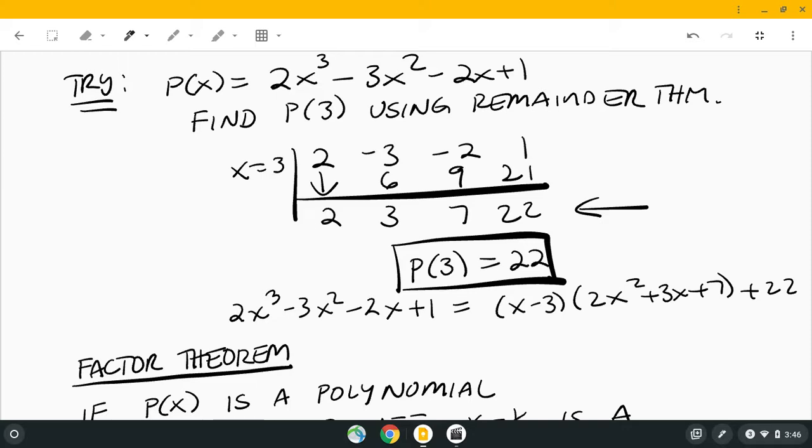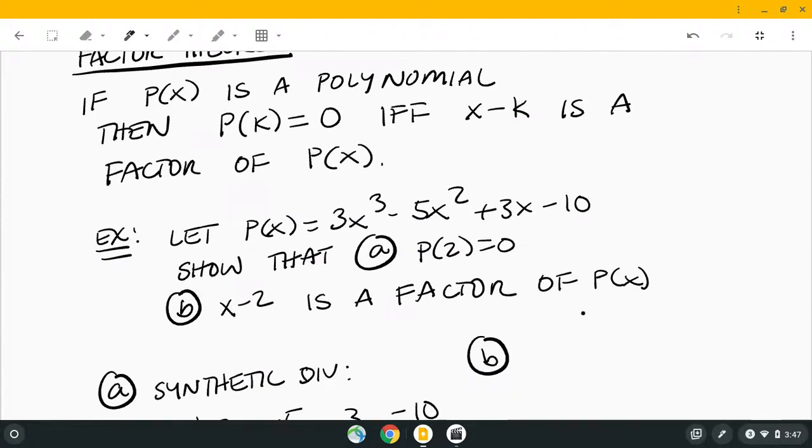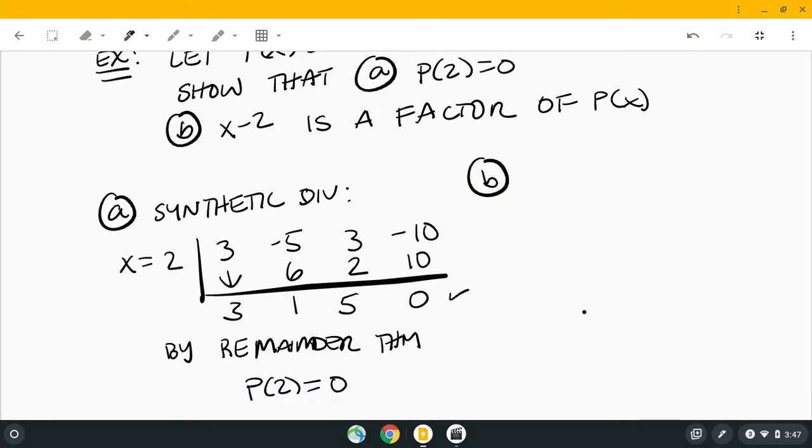We're doing the same thing we did with the numbers. Do you see how we did that? This is our polynomial, and this is what we're dividing by, x minus 3. And this is the answer we got, 2x squared plus 3x plus 7, plus the remainder. So that's what we're going to do here for part B.